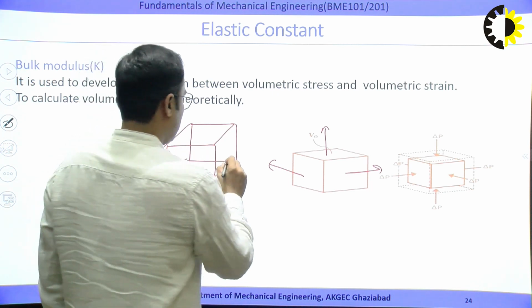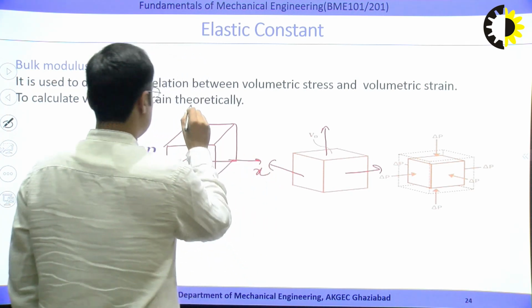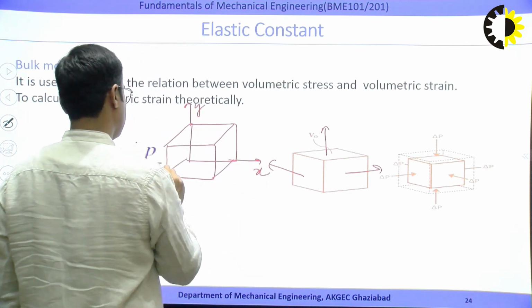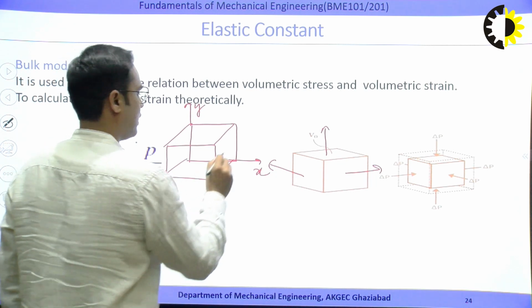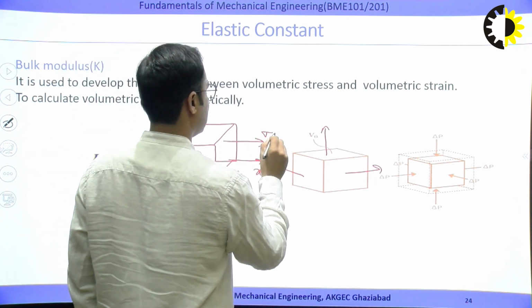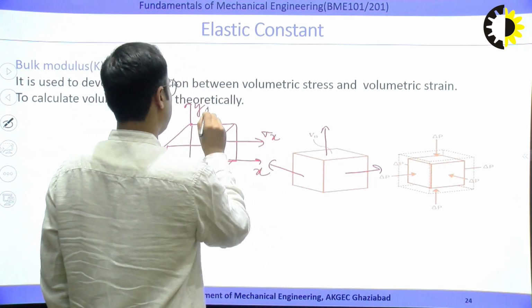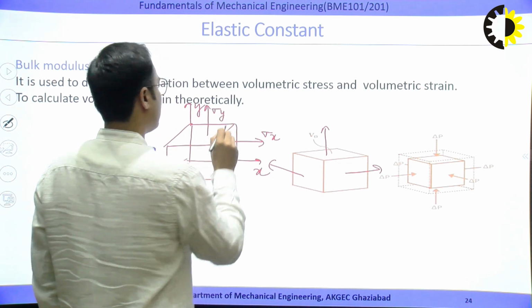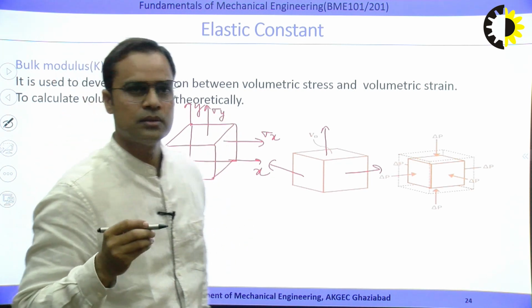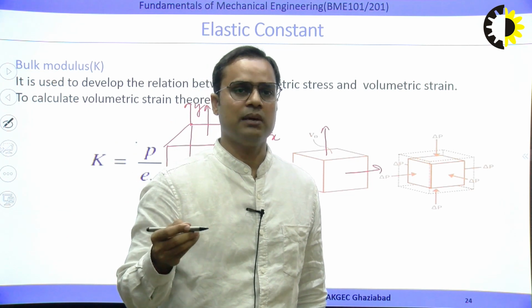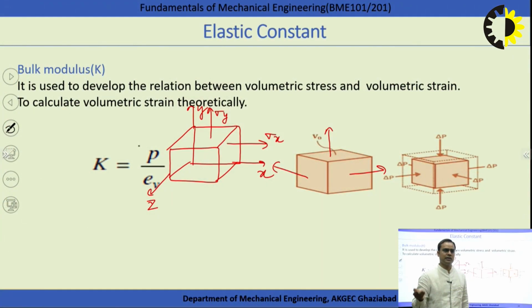If we are considering any three-dimensional body, suppose we are considering a cubical body like this, correct? Suppose this is the x direction, and these are the coordinate system y and z. If I am applying force in x direction, the stress induced in x direction is sigma x. If I am applying force Py in y direction, we are able to calculate stress sigma y, just divide by the area of that plane, and that is the stress induced in z direction.